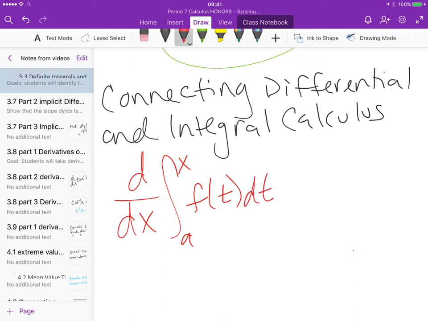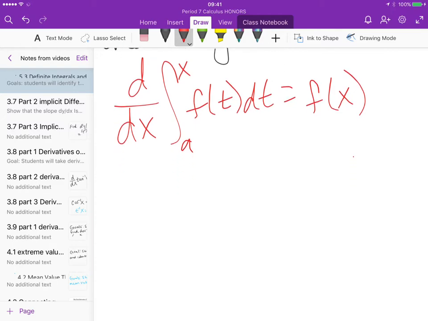We'll call it f of t. If I'm using x up there, I don't want to mix and match. But if I'm taking the derivative of this integral, what this gives me in return is my original function f. So that's what we mean when we say almost the opposite. What happened the step before the derivative was taken, all right?